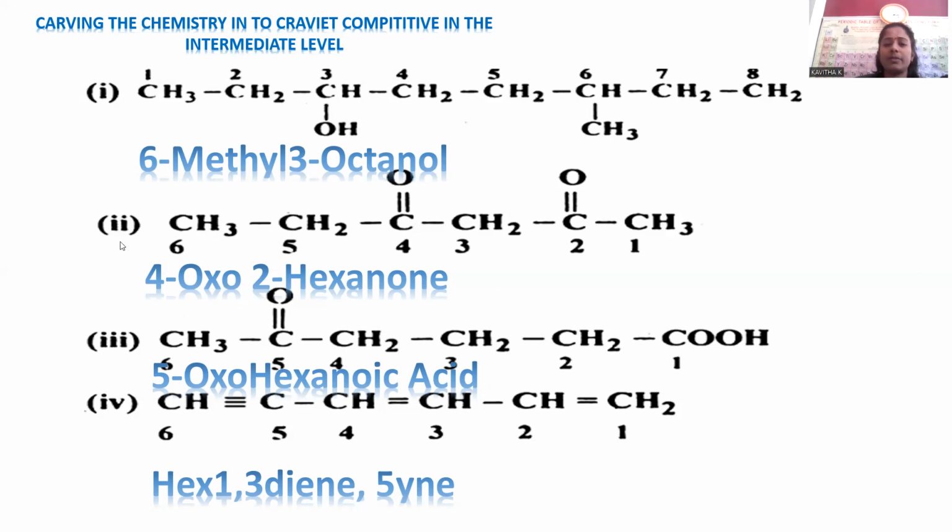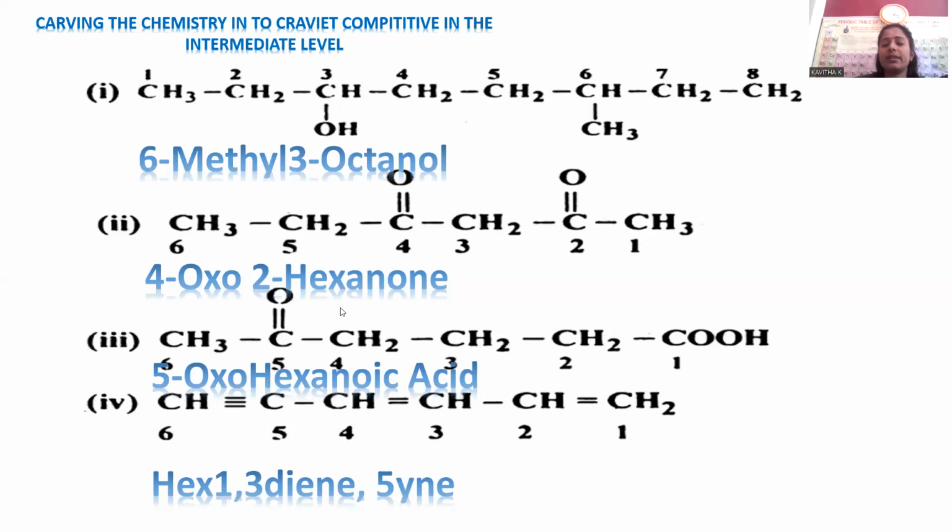When we go with compound number 2, the parent chain is of 6 carbon length, hence we can say hexa. And the 4th carbon has oxo. The 2nd carbon also has oxo, meaning ketone, but one of the ketones is taken as the main chain and the other carbonyl group is taken as the substituent. So let me mention 4-oxo. On the 2nd carbon, the ketone is taken as the main functional group. That's why it can be included in the parent chain.